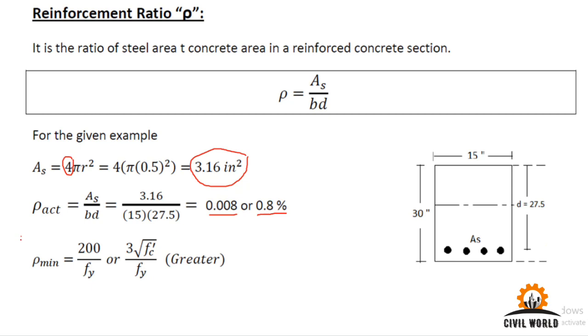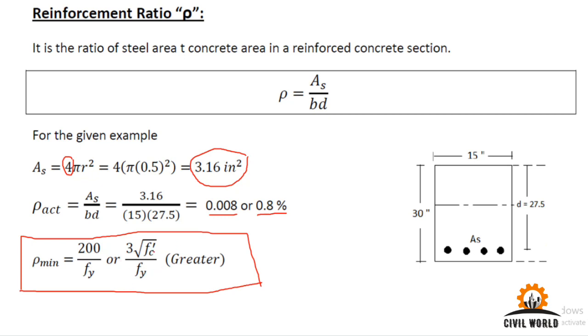The minimum value of this reinforcement ratio is given by these two equations, which is 200 over Fy, where Fy is the yield strength of steel used, or 3 under root F'c over Fy.